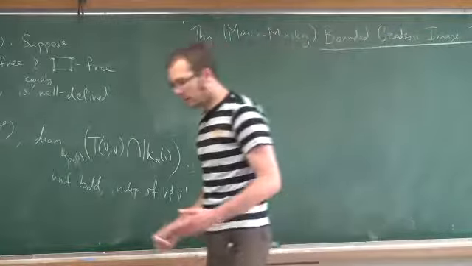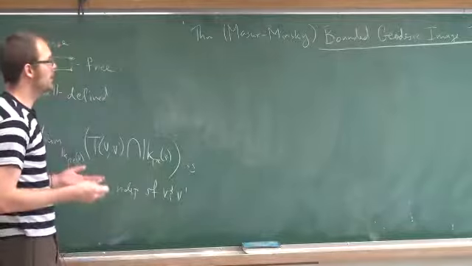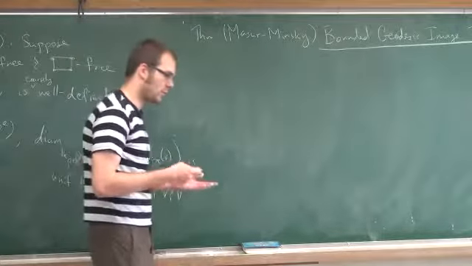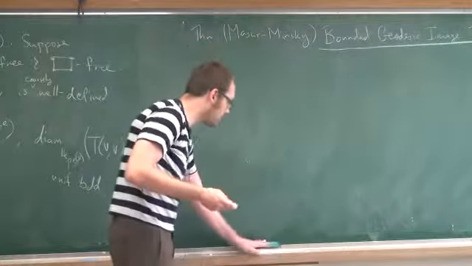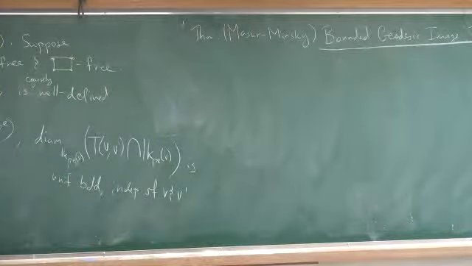What the bounded geodesic image theorem does is it allows us to give some sort of quantitative meaning to visual direction within the curve graph.